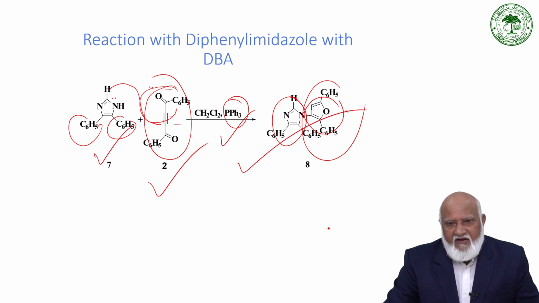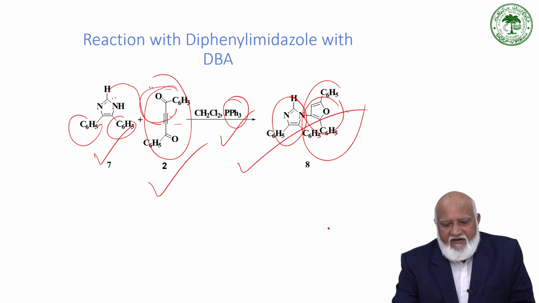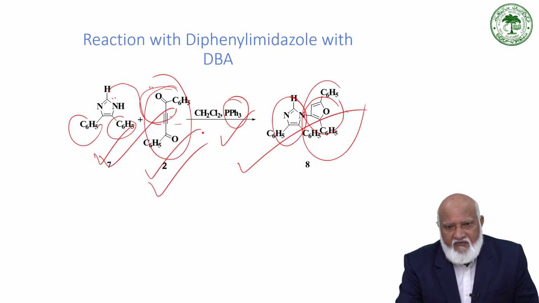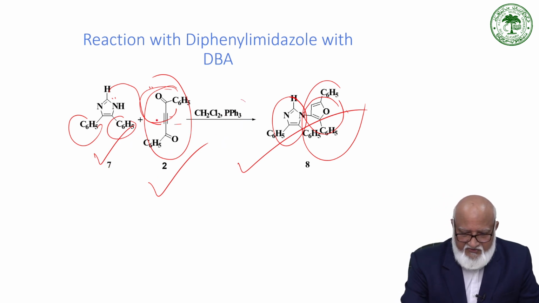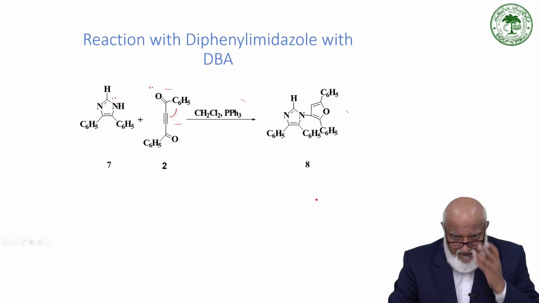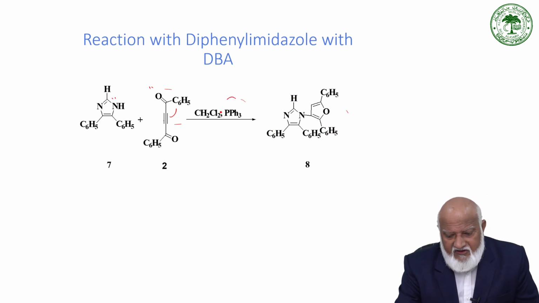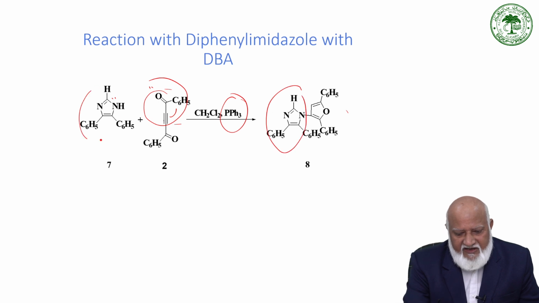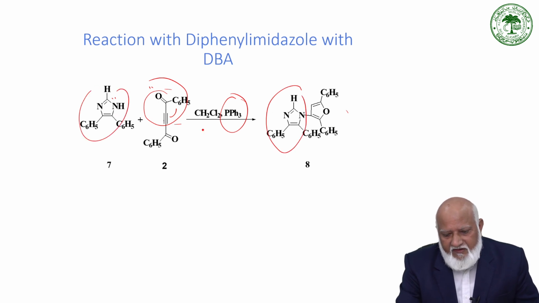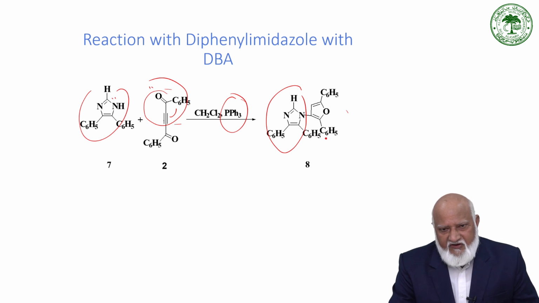So we see a different reaction when triphenyl phosphine is used as a catalyst, which initiates the cyclization of this part, whereas the imidazole part remains as it is.